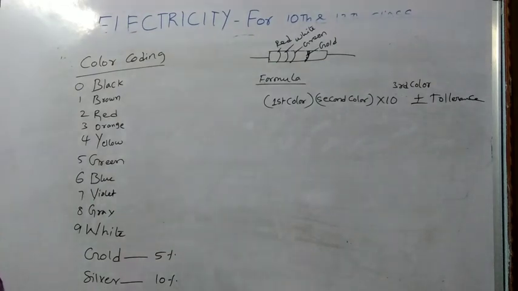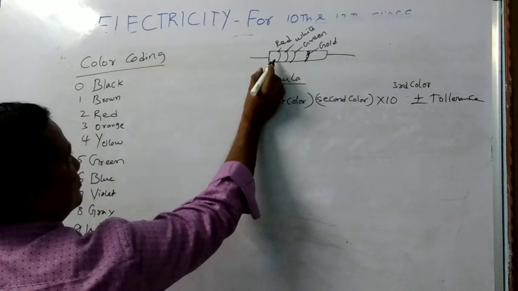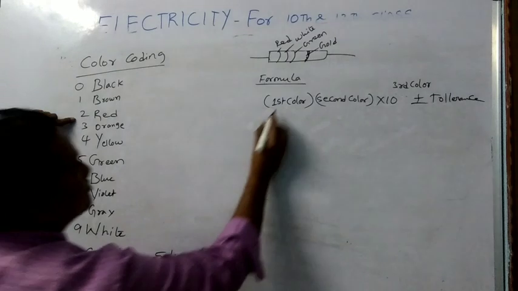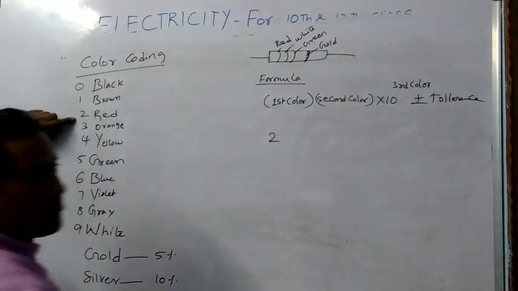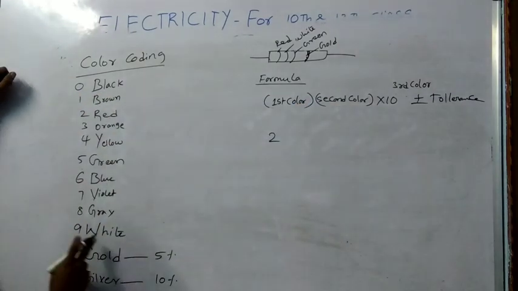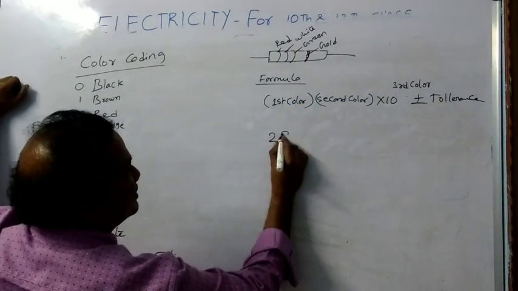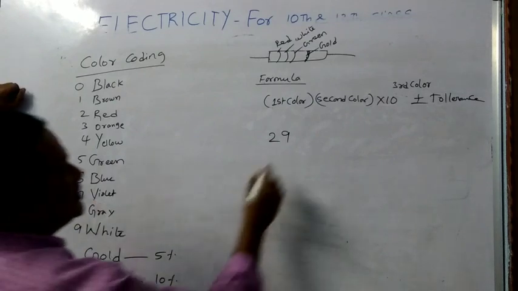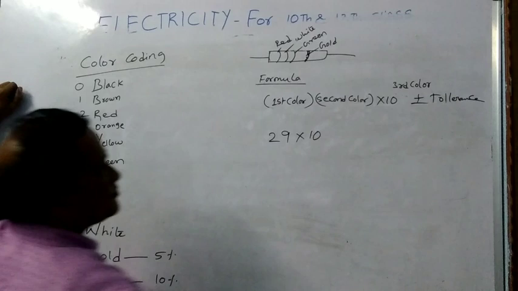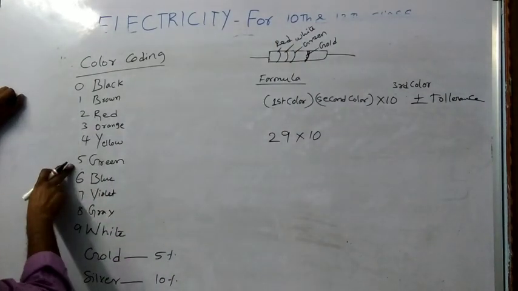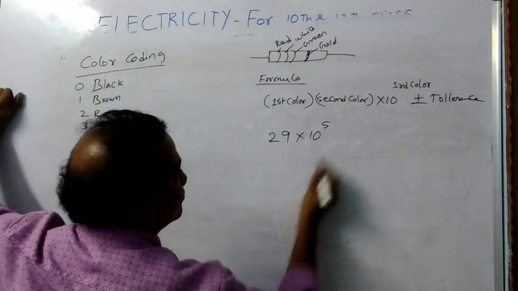How can you find the value? From the left, the first color is red, whose value is 2. The second is white, which means 9, so 29, not 2 into 9. Into 10 power the third color, green, which is 5. So 10 power 5.